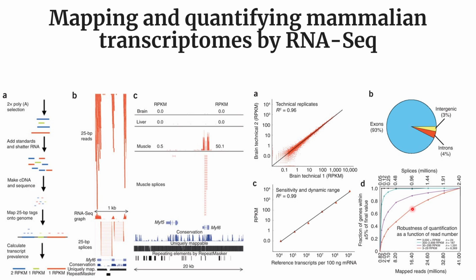This further indicates that their robustness for the quantification, their robustness towards this read count, is very good, and this strategy can be used to measure transcriptomes in different models or for different experiments.